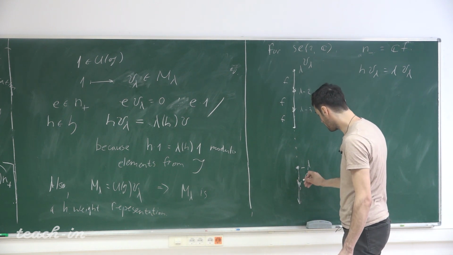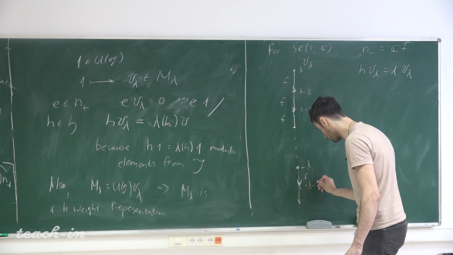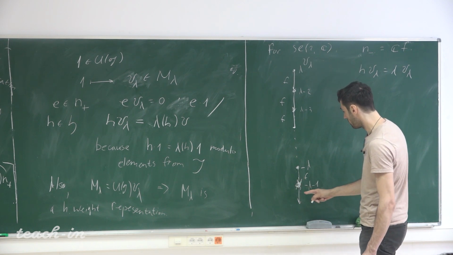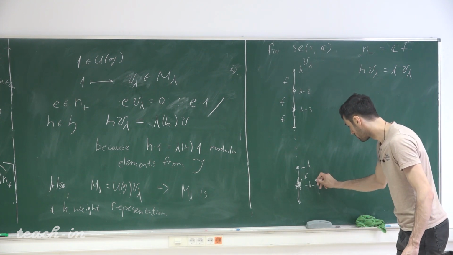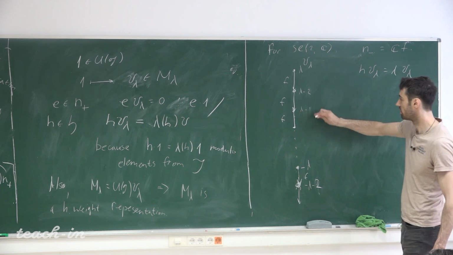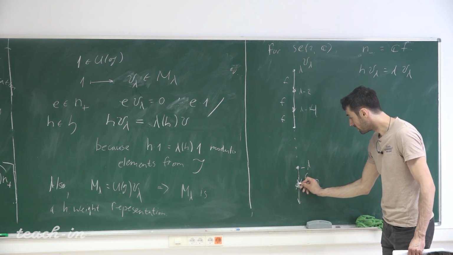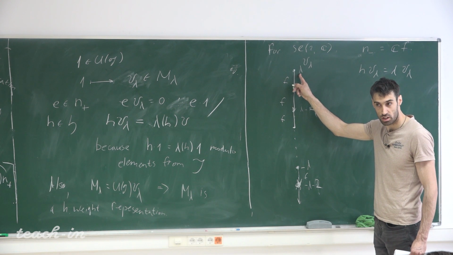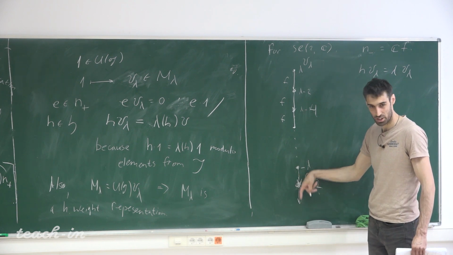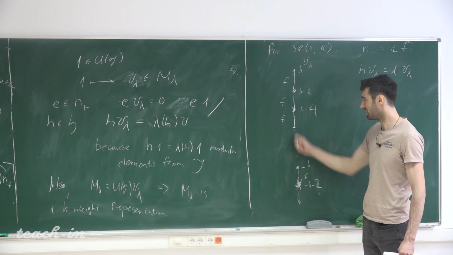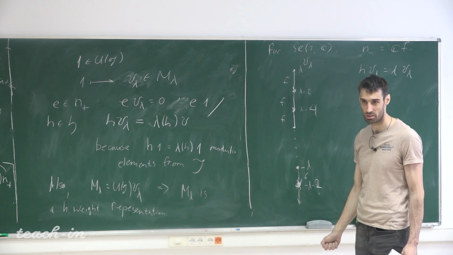The idea is that if lambda is a positive integer, then this is another singular vector, and this is a sub-representation, which you can factor out and get the finite dimensional representation. So that's how it was constructed for SL2.